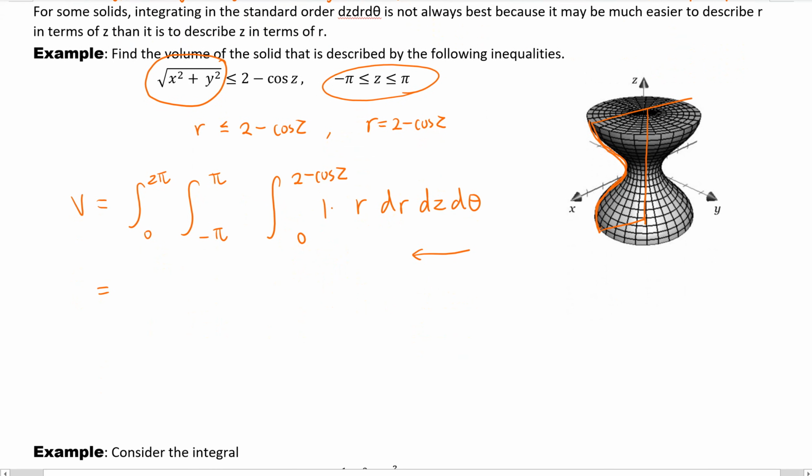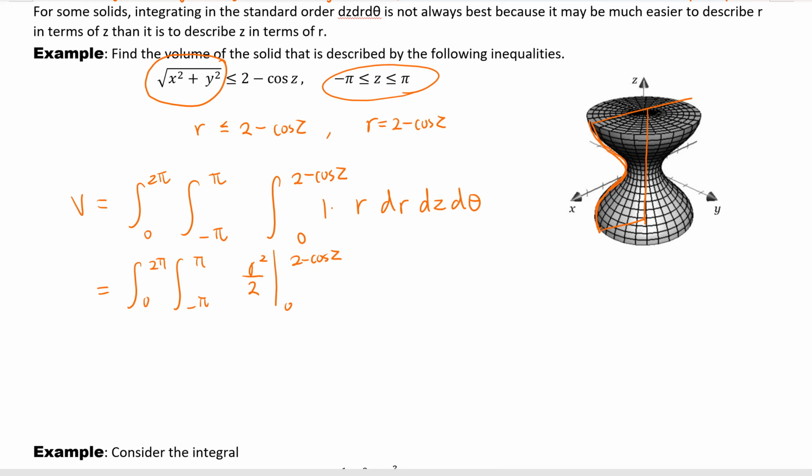The integral of r with respect to r is r squared over 2, and we evaluate from 0 to 2 minus cosine z, then dz d theta.